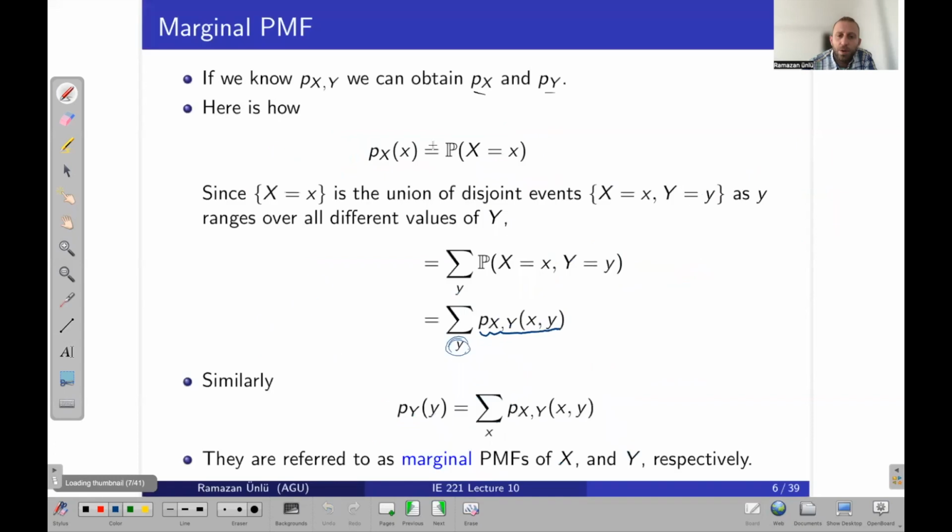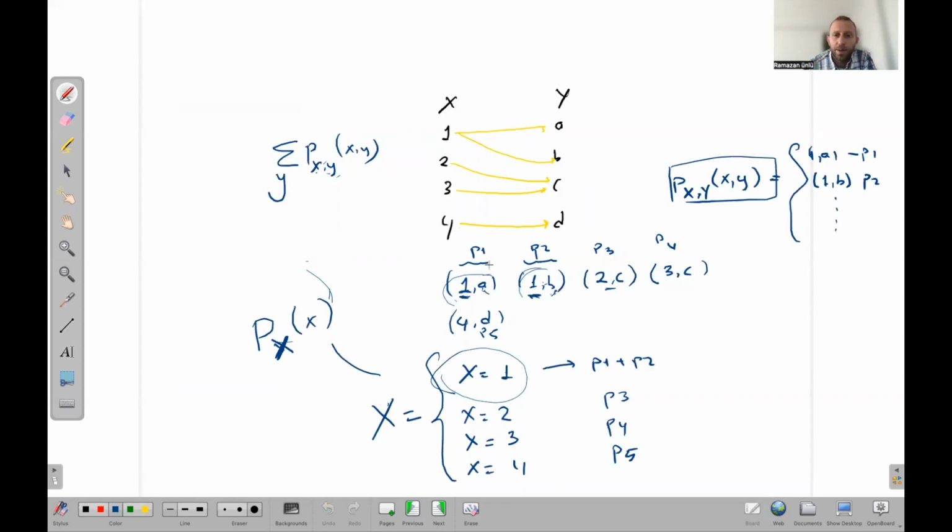Similarly, I can do the same thing for the PMF of y. Let's say y can take a, b, c, and d.